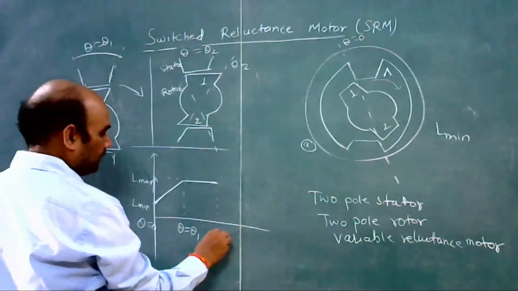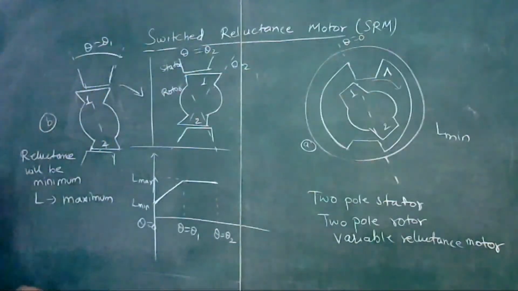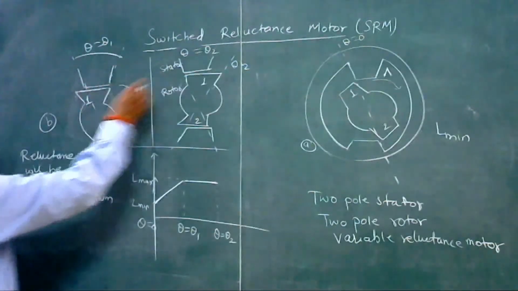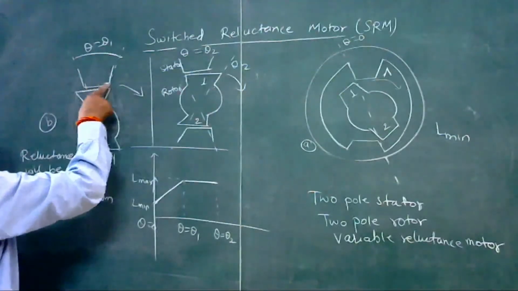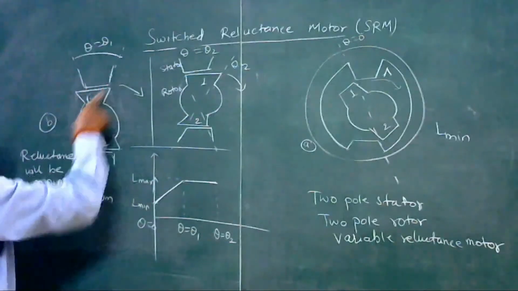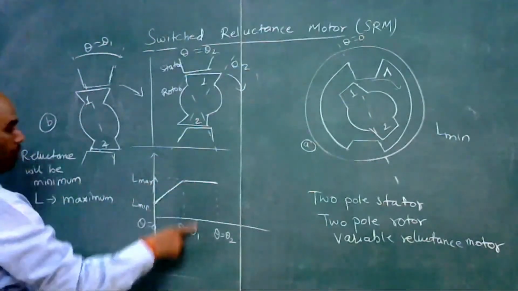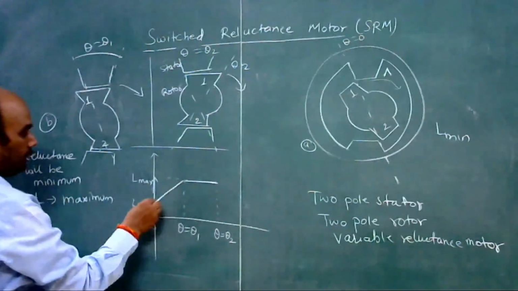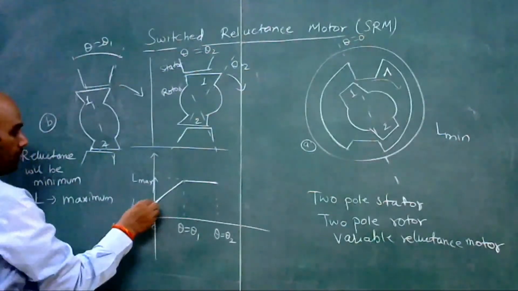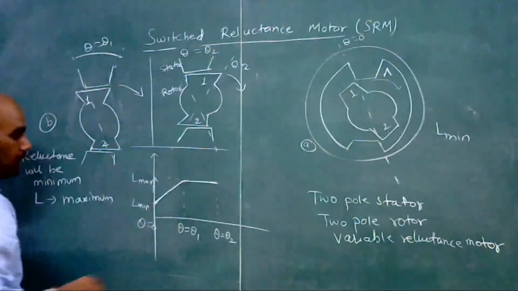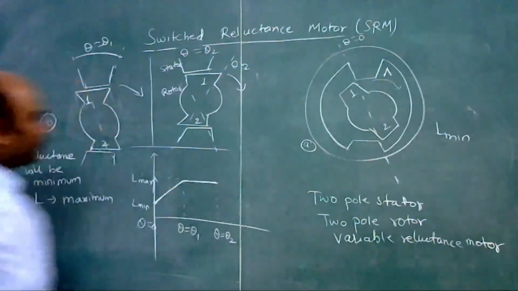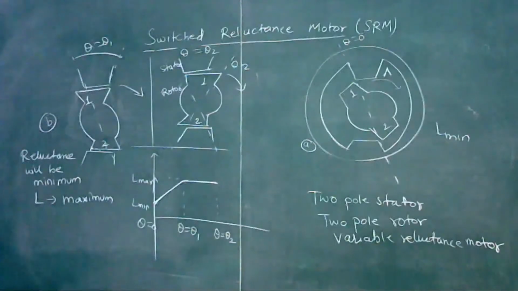So when we are moving in clockwise direction, the air gap and the reluctance is constant, so L will be constant. In here it will linearly increase from minimum to maximum value, then it will be constant. Okay, like this.